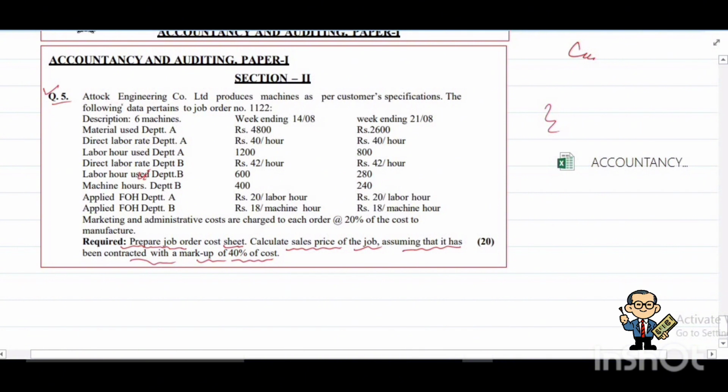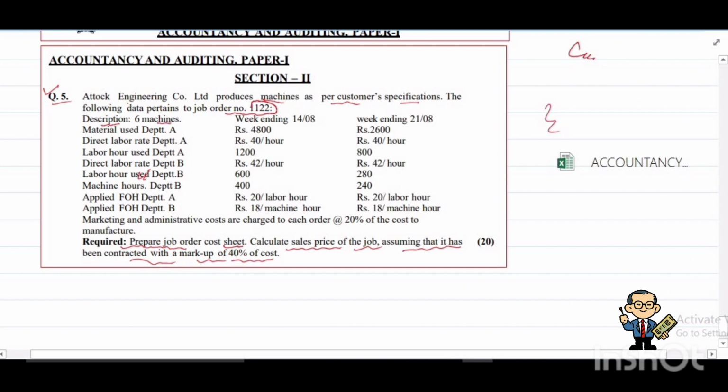Attack Engineering Company Limited produces machines as per customer specification. The following data pertain to job order number 1122. Now let's see the description.